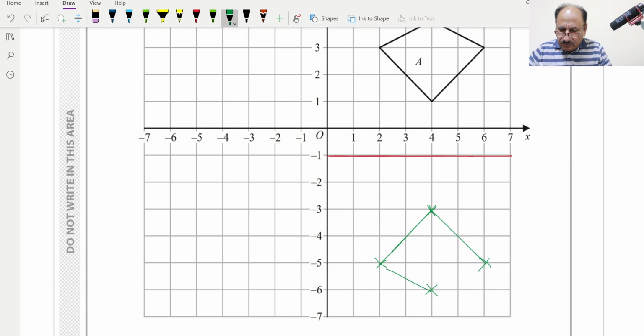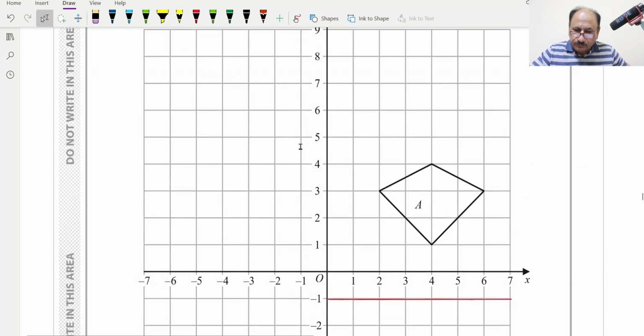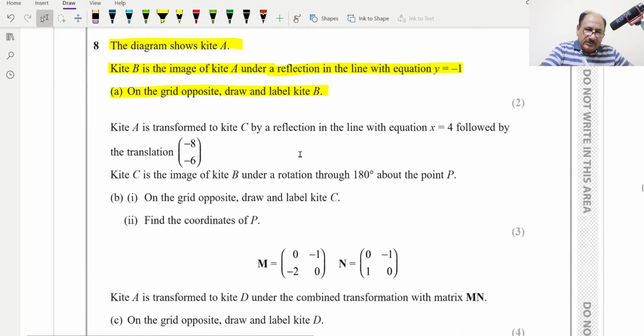This will be the reflected kite, and this one is done. It's just reflection. Hopefully you are understanding each and everything. Now this is basically the reflection of this kite, and we can label it as B. After this reflection, the next part says kite A is transformed to kite C by a reflection in the line x is equal to 4, followed by a translation.